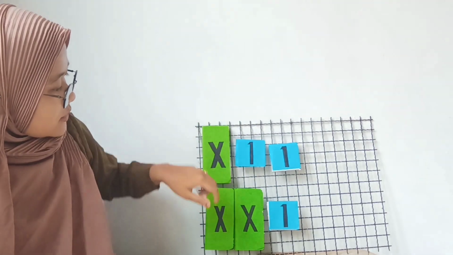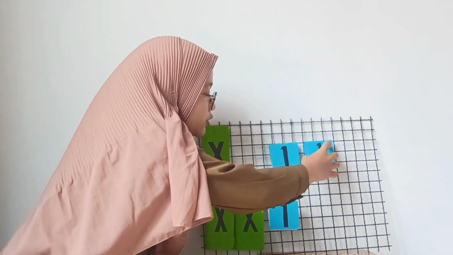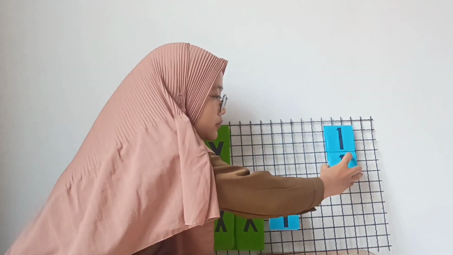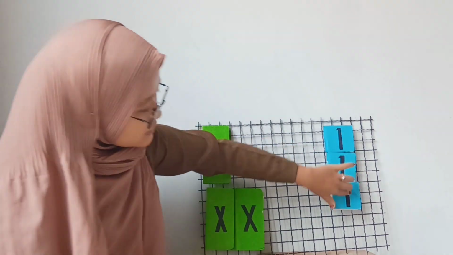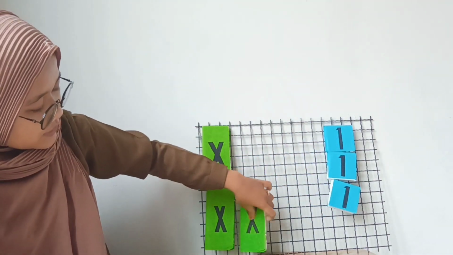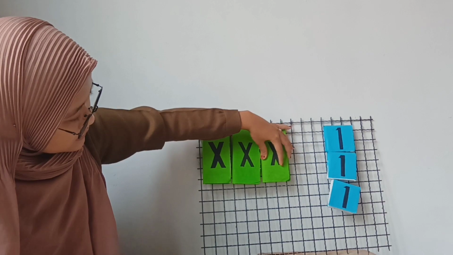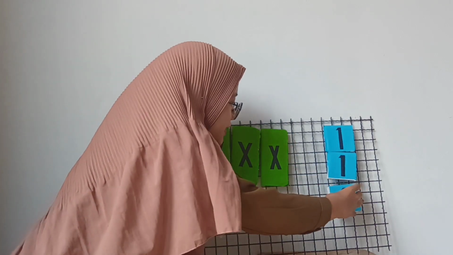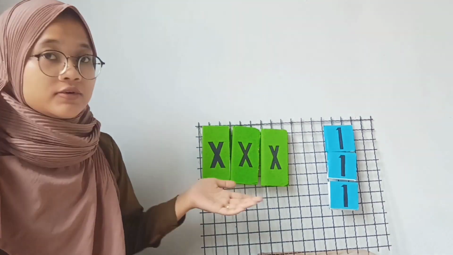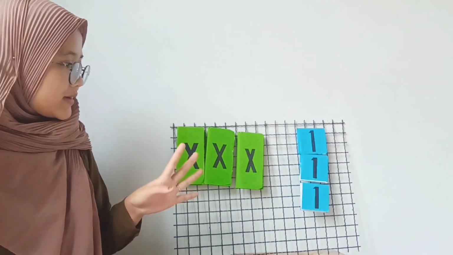Okay, the x group is 1, 2, and then 3. From these two equations, the addition will result in 3x plus 3.